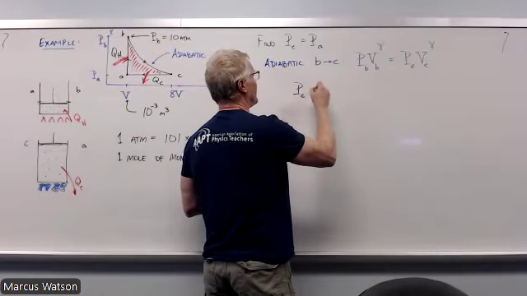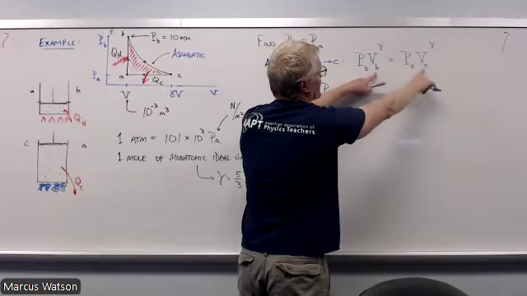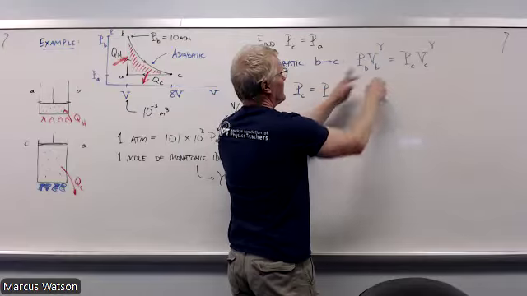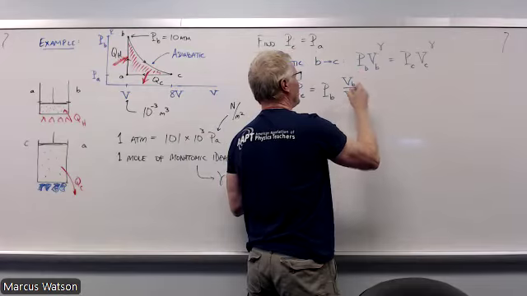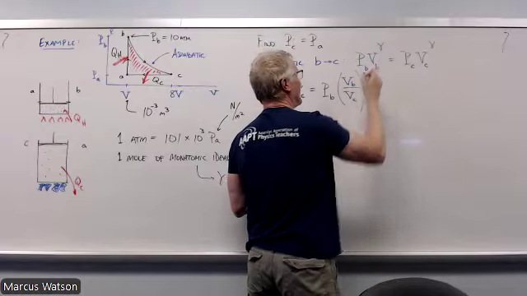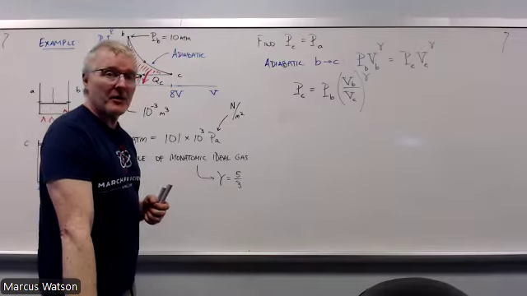Pressure at C is therefore going to equal the pressure at B, but I'm going to need to swing this volume underneath here and know that the volume B divided by the volume C, that thing to the gamma, is how I'm going to calculate the pressure at C.